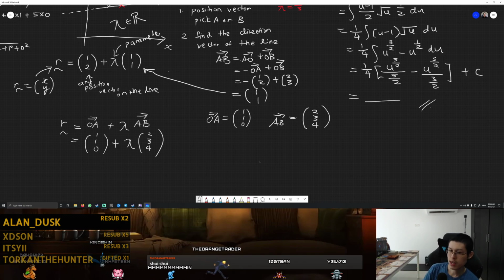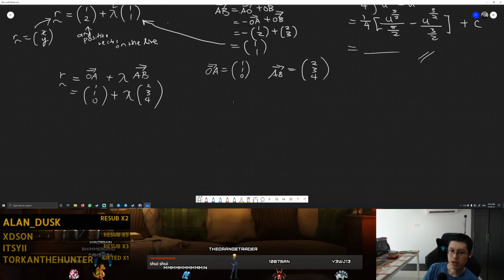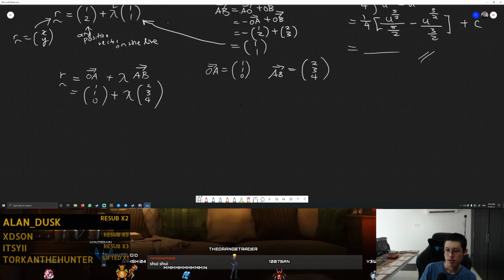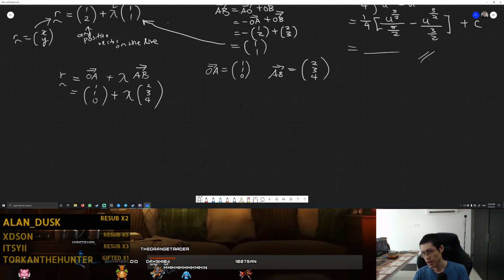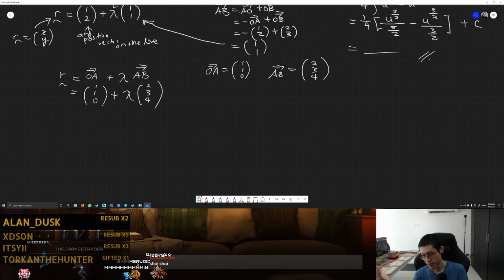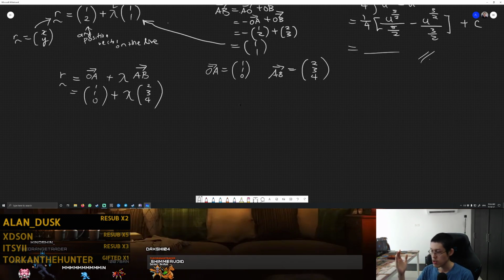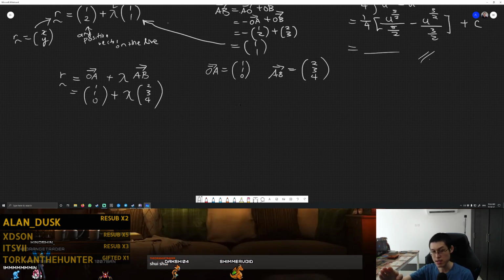Sometimes in the exam, they would give you two vector equations, and then they would ask you whether these lines intersect or do not intersect, right? So let's say you have two lines, but these lines are in 3 dimensions.